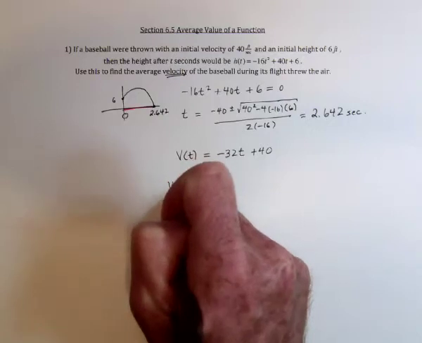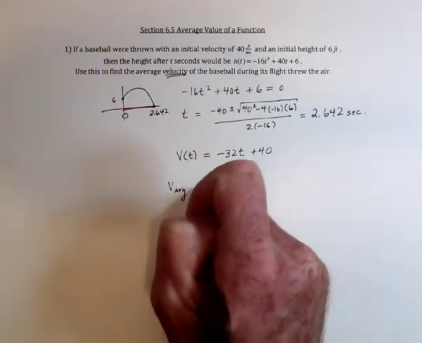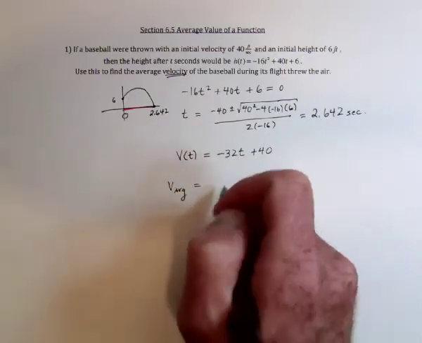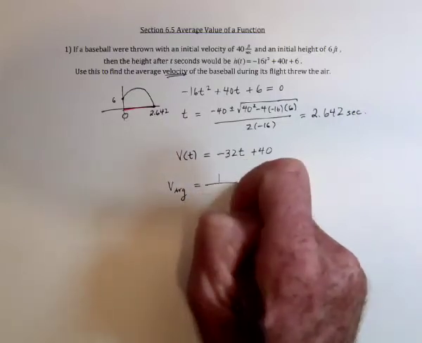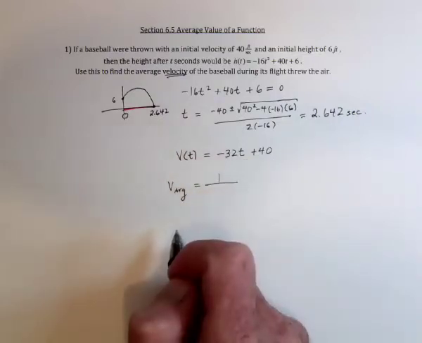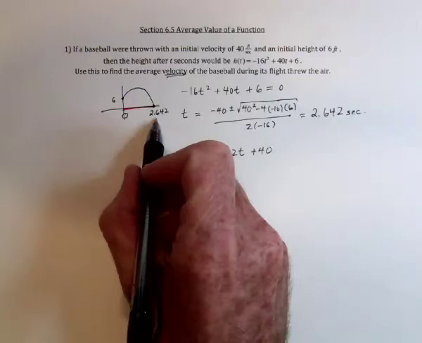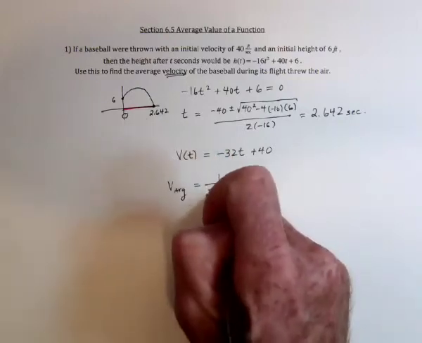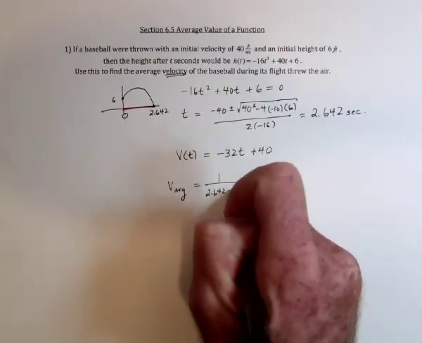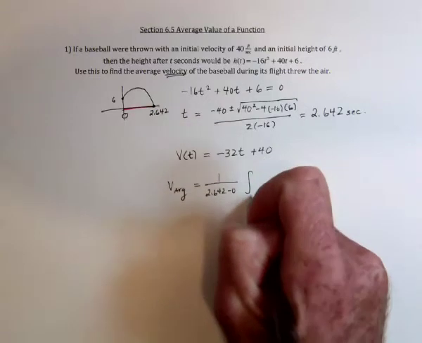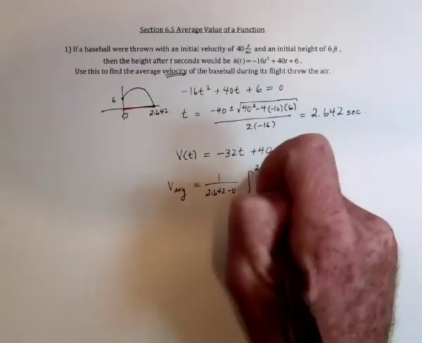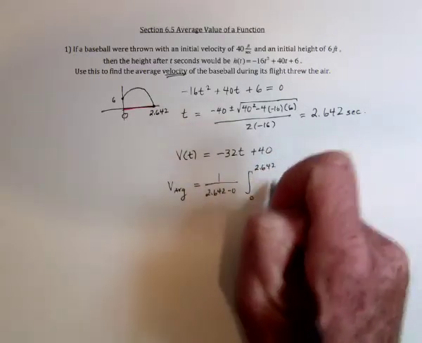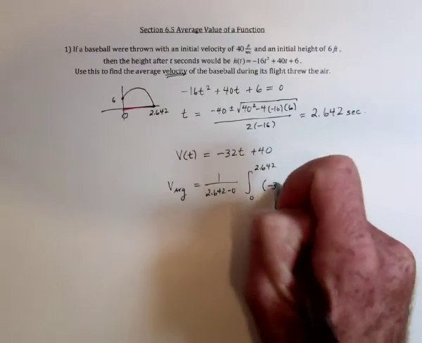So the average velocity is going to be, technically the definition says take 1 divided by, and then you subtract these two numbers, and then integrate from the smaller one to the bigger one, the velocity.